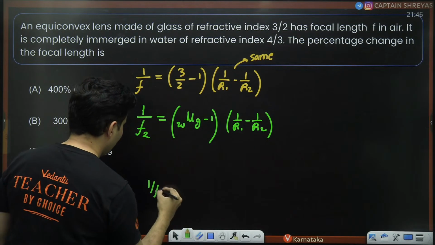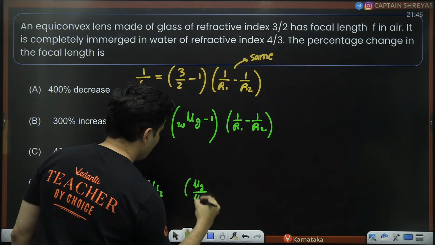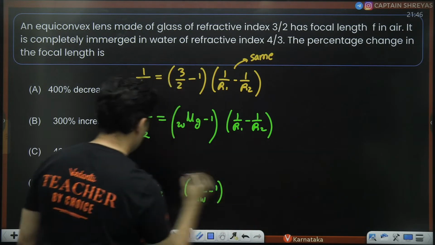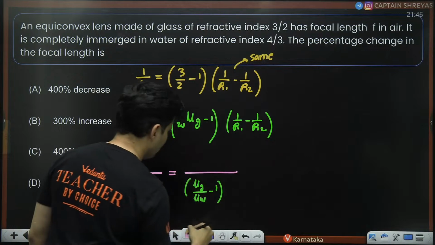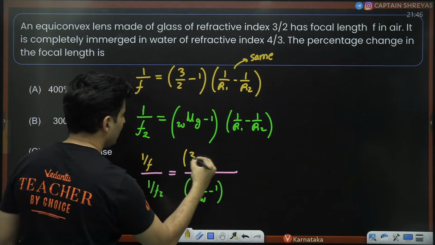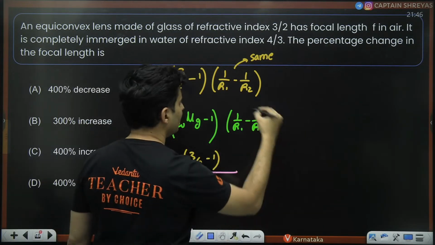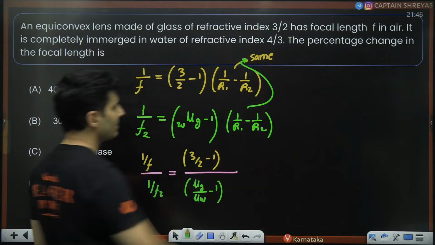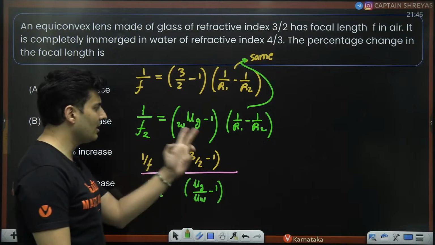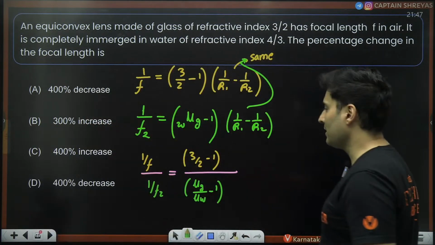So 1 by F2 is below, and here you will have mu G by mu W minus 1 in the bottom, and on the top you have 1 by F, and here you have 3 by 2 minus 1. This and this will anyways cancel because they are going to be the same. So this by this, and this is nothing but mu G by mu W. Solve this and you will again get the answer.